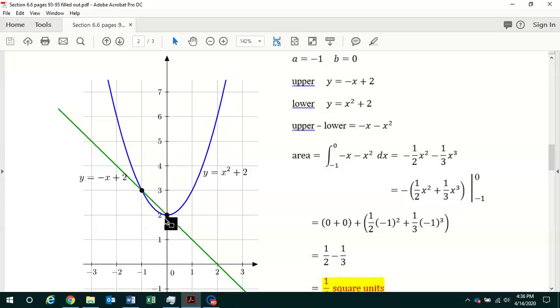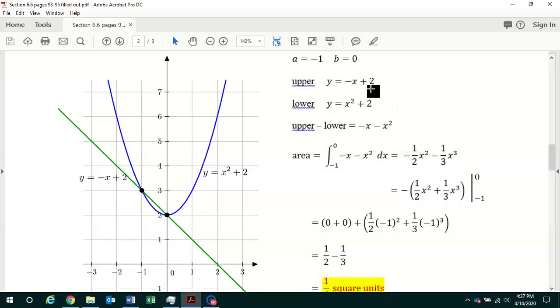The upper equation for this area is a straight line, y equals minus x plus 2, and the bottom equation is the parabola y equals x squared plus 2. So upper equation minus lower equation in this example is equal to minus x squared.